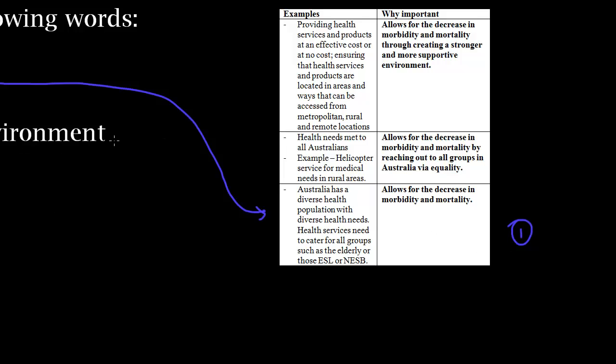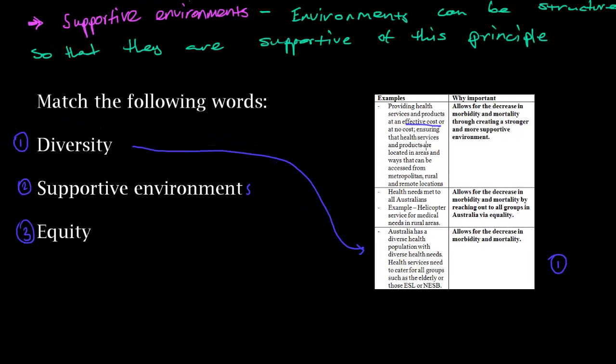The next one is supportive environments. Let's have a look. If I remember, supportive environments should be the first one. Providing health services and products at an effective cost or no cost, ensuring that health services and products are located in areas and ways that can be accessed from metropolitan, rural, and remote areas. So yes, that's definitely supportive environments.